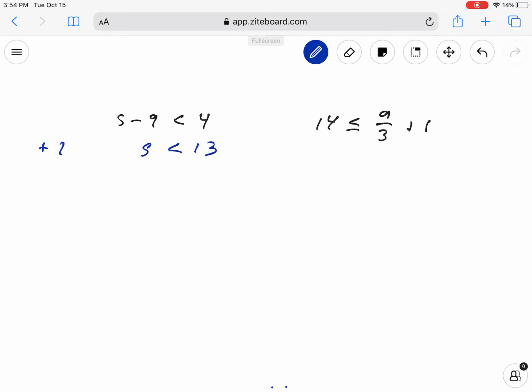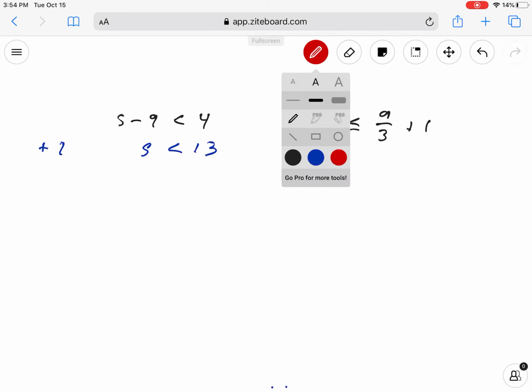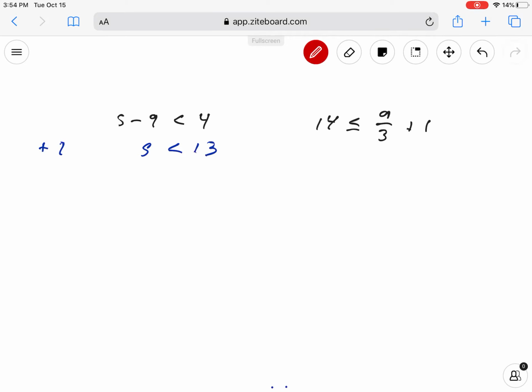Here I have 14 is less than or equal to a over 3 plus 1. So I need to just use my regular algebra. So I'm going to subtract 1 from both sides. So that means I have 14 minus 1 less than or equal to a divided by 3, or 13 is less than or equal to a divided by 3.